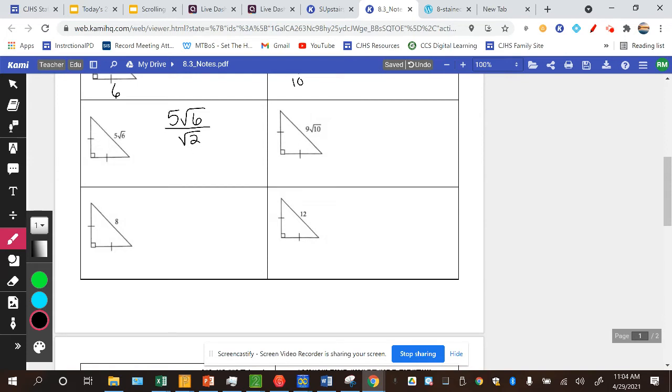Now, remember there was a shortcut method? You guys remember that shortcut method, or are we going to multiply by 1? Okay, if we don't remember the shortcut, let's go ahead and multiply it by square root 2 over square root 2.